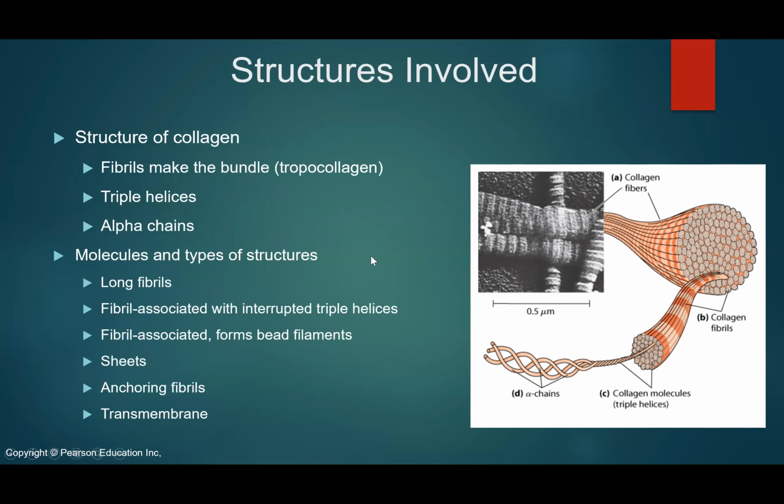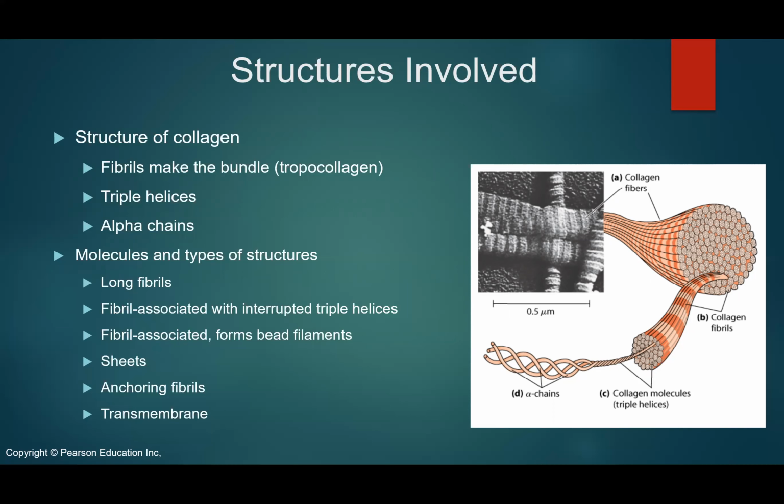And for different tissues, there are different types of structures, and those structures are the long fibrils, which can be made up of different types, such as 1, 2, 3, 4, 5, and there are also different ones such as the fibril associated with interrupted triple helices, which forms bead filaments.